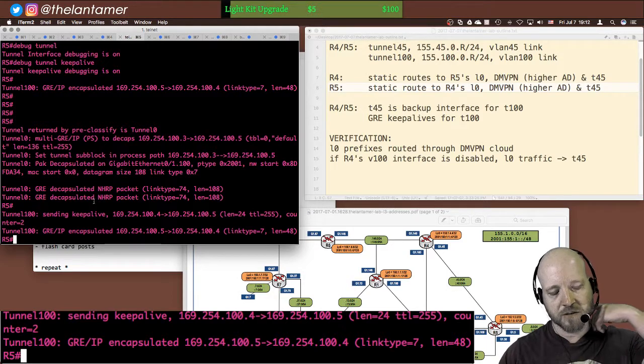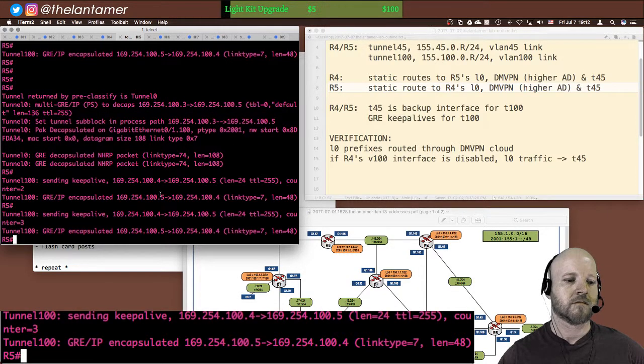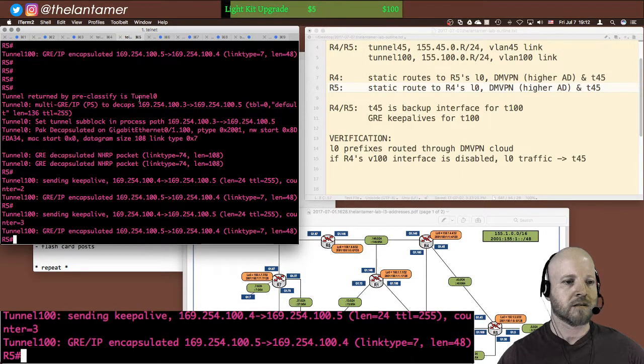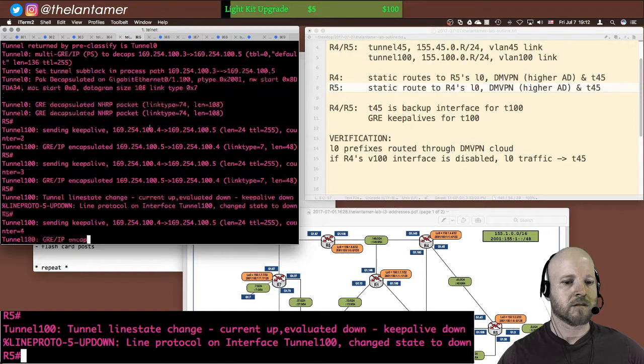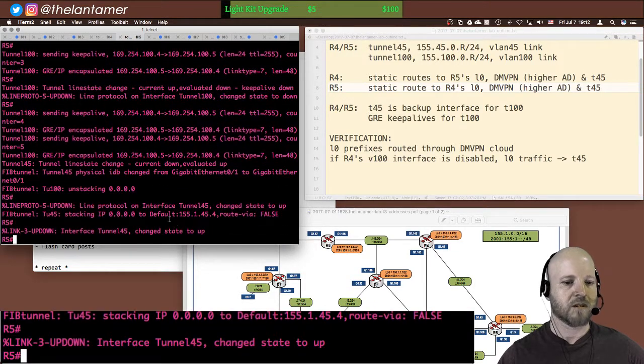I have a couple tunnels here in play. All right, tunnel 45 changed to up there. Tunnel 45 changed state to up.